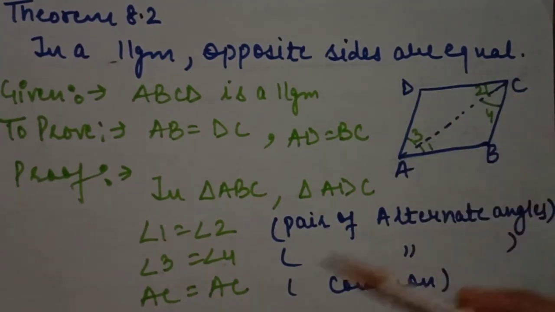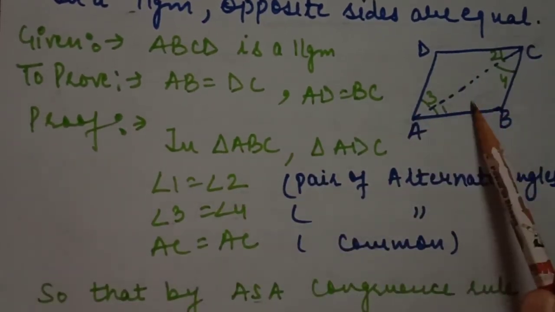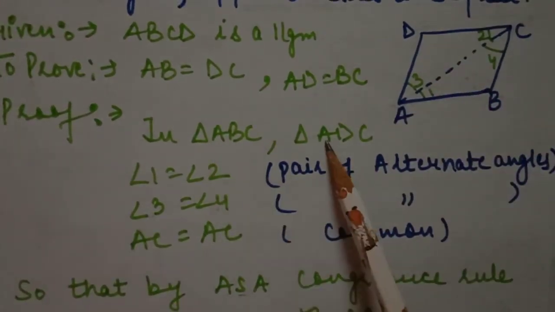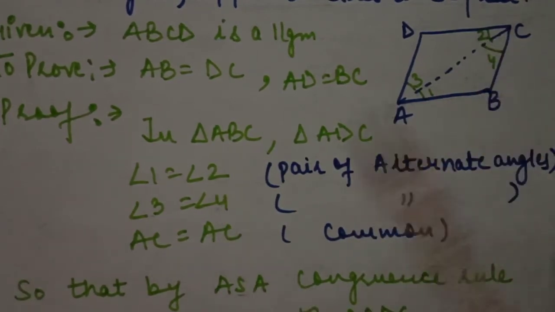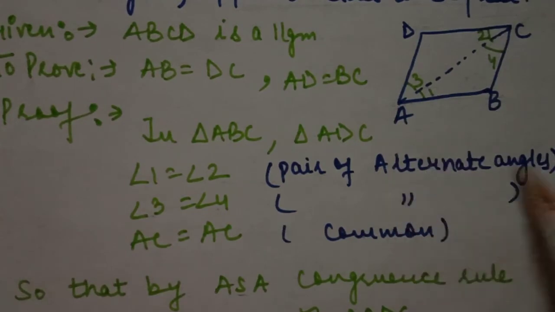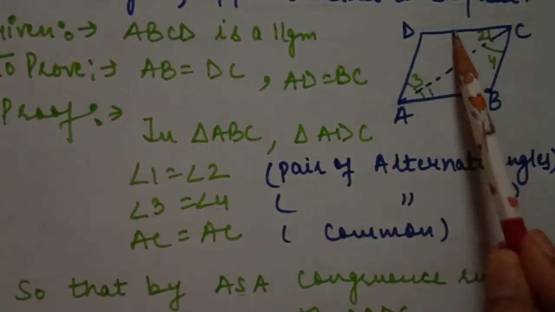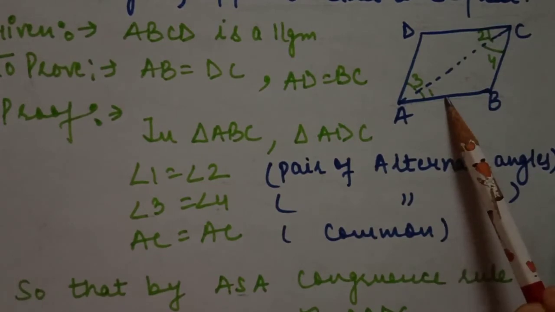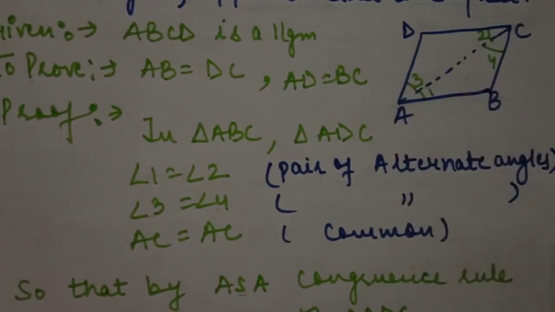Join AC, draw a diagonal in it. Now we will take these two triangles and try to prove triangle ABC and triangle ADC congruent. Angle 1 and angle 2 are equal to each other because they are a pair of alternate interior angles, because it is already given that it is a parallelogram. If it is a parallelogram then opposite sides are equal and parallel also. If these two sides are parallel then AC is a transversal line.